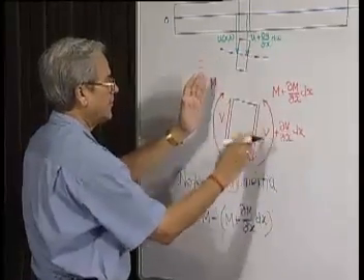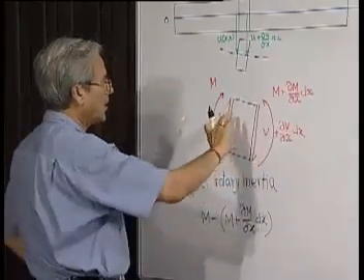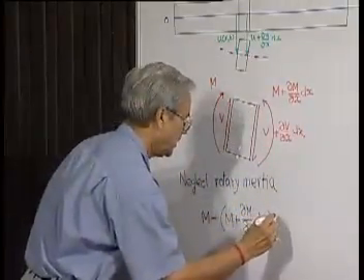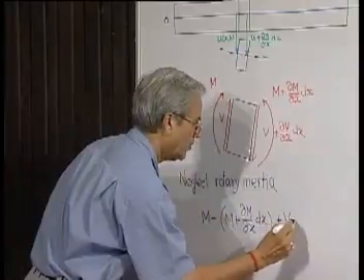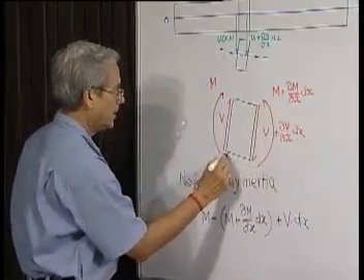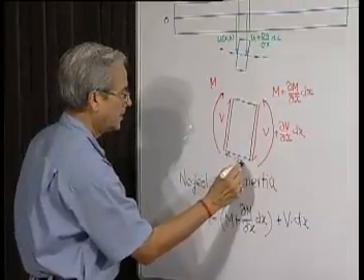This is slightly different from V, but nevertheless the total moment produced by two parallel and opposite forces will be V into dx. This behaves like a couple with arm length dx.